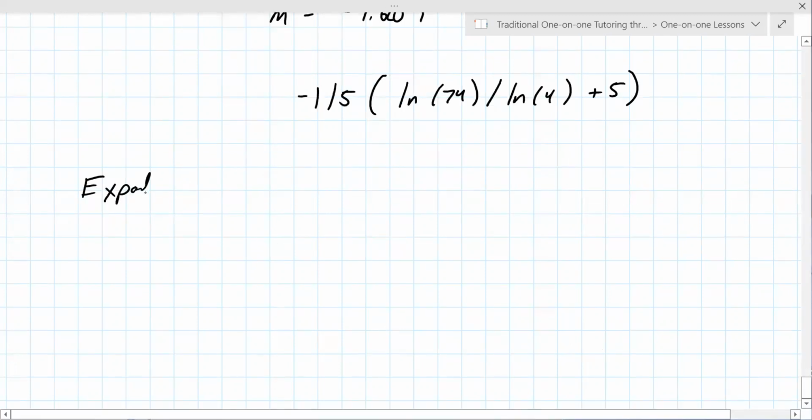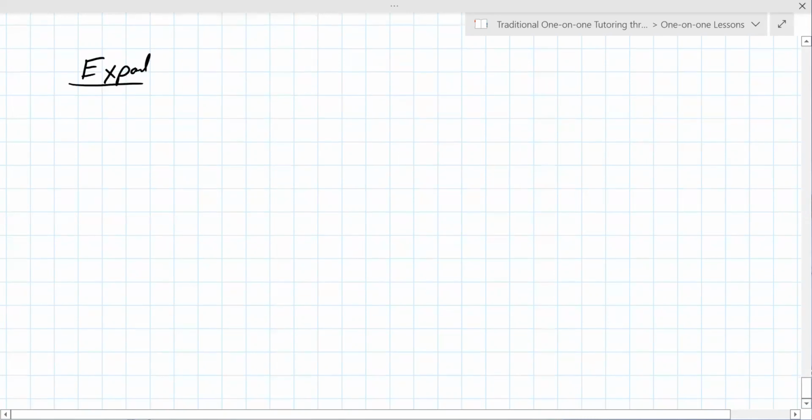I'll give you one here. Expand the following. Let's say it's log base 5 of x y squared over the square root of z, all to the power of 3. Give that one a try.